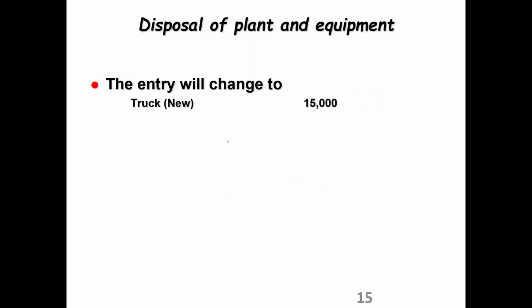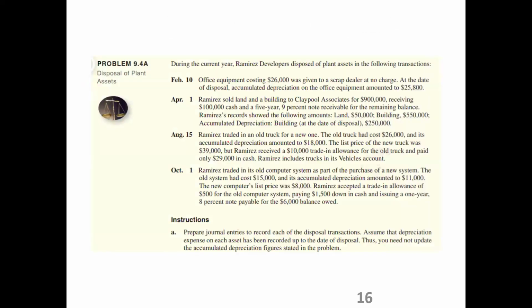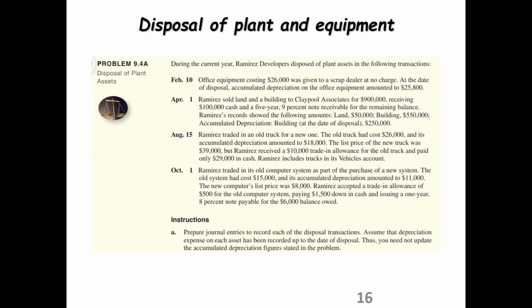So the entry for recording the exchange would be: new truck debit by 15,000, accumulated depreciation on old truck debit by 8,000, old truck credit by 10,000, gain on trading credit by 1,500, and finally cash credit by 11,500. I hope these examples are clear to all of you.